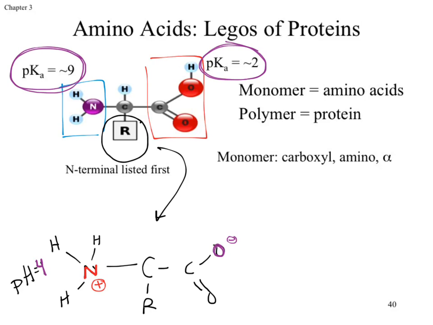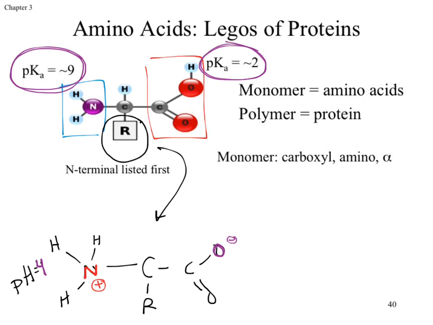You'll notice for the R group, I did not specify a pKa. Why not? That R group can be a lot of different things. Some cases it could have a pKa, some cases it might not. Regardless of what the R group is, for the most part, the pKa of the amine sits at 9.